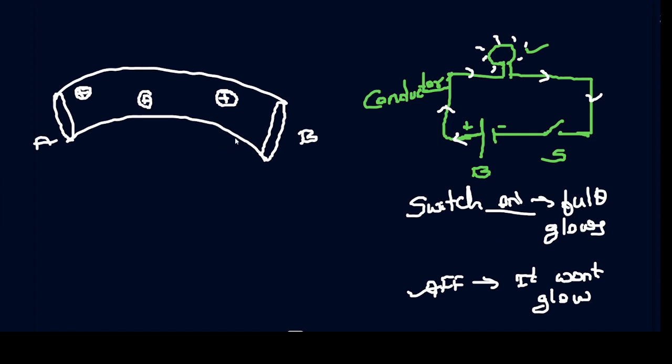Now it's time to discuss the negative charges, the electrons' motion. When the switch is in on position and the circuit is closed, energy is passing, and all these charges are taking energy from this point to the bulb, right? Only then will we be able to see the bulb glowing.